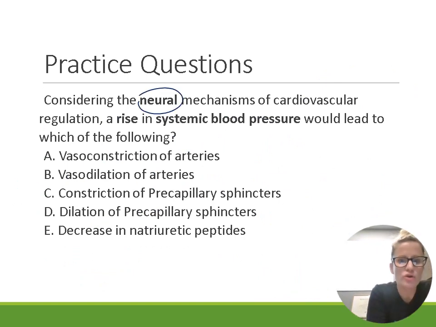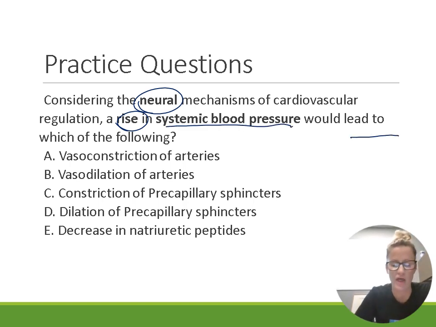Considering the neural mechanisms of cardiovascular regulation, a rise in blood pressure would lead to which of the following? One thing, you guys, when you're reading test questions, if something is bolded or underlined, that's really important.